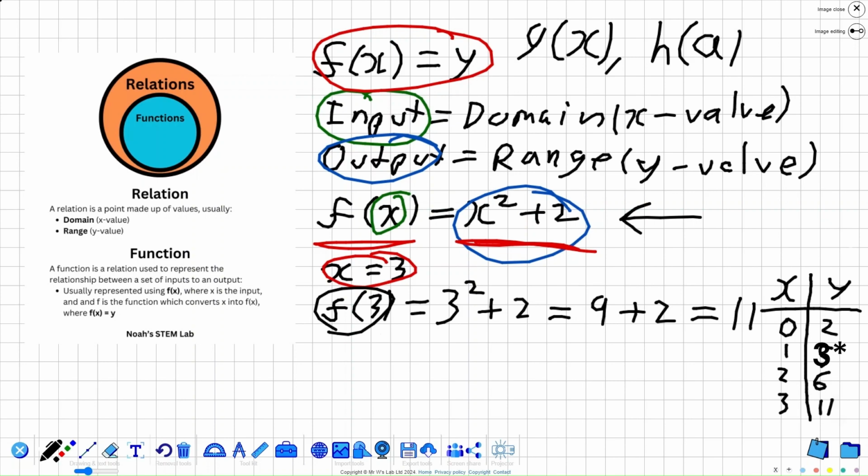As an example of creating a graph using the x equals 3 example, we can graph these points. The 3, the input, is the domain, so in this case it's the x value. Along the x-axis we can put a 3 here, and then along the y-axis we will have an 11, a bit higher up, and label that 11.